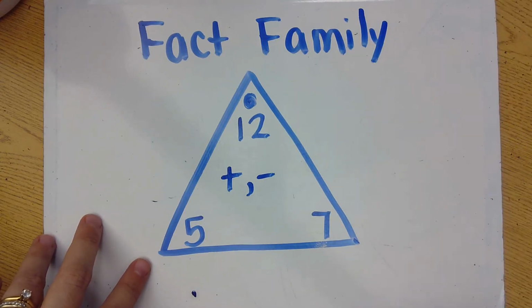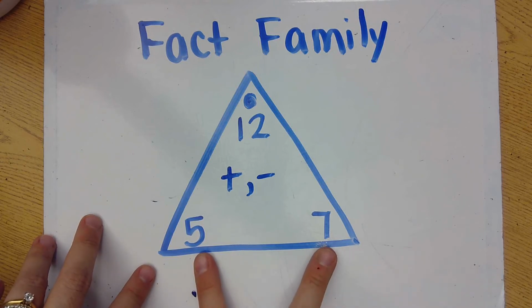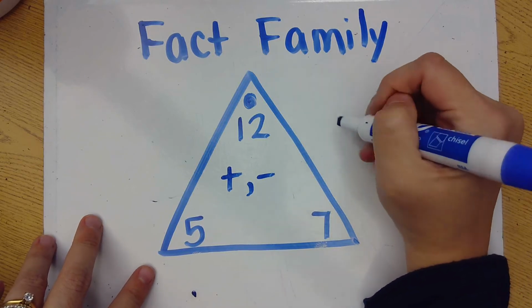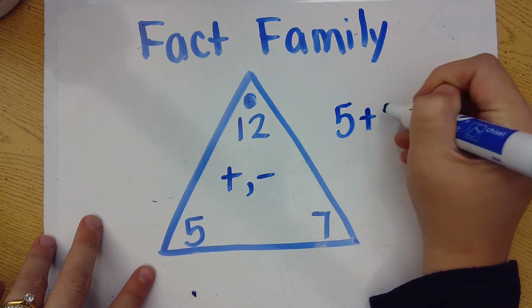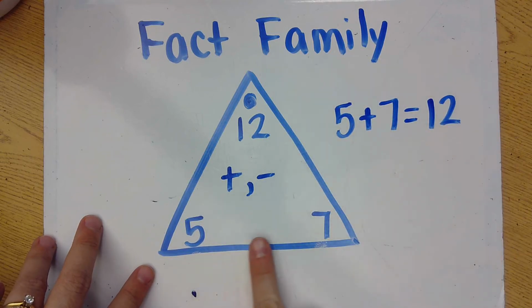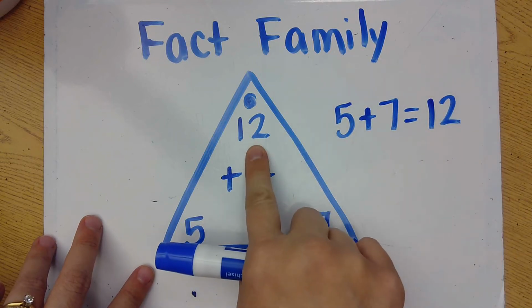So when we look at this, we're going to come up with our 2 adding problems first. So these 2 numbers here need to be added to get to the biggest number. So I can add 5 plus 7 equals 12.